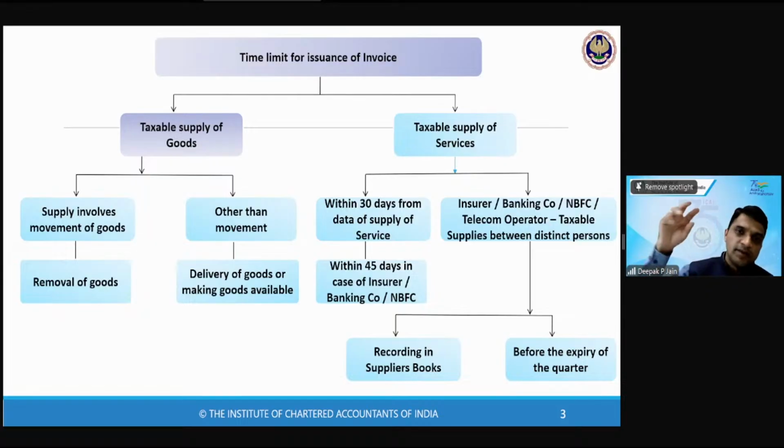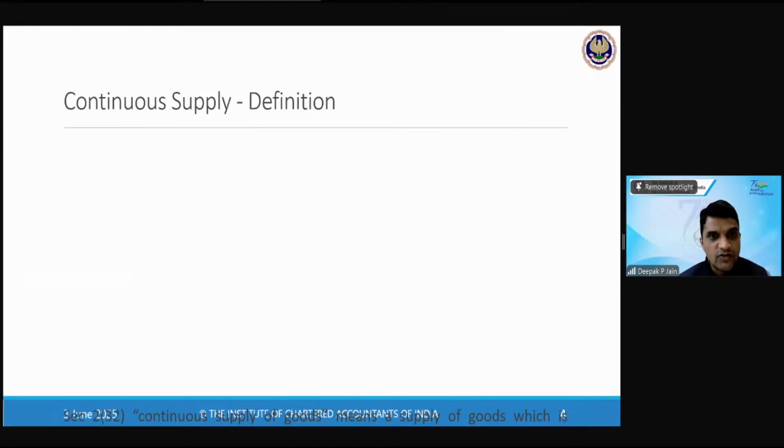Within the insurance company, if you're providing services from one branch to another, and within a banking company, if you're providing from one branch to another branch, from one distinct person to another distinct person. Okay, so this is the time limit for issuance of invoice.